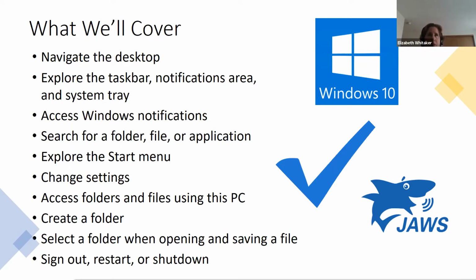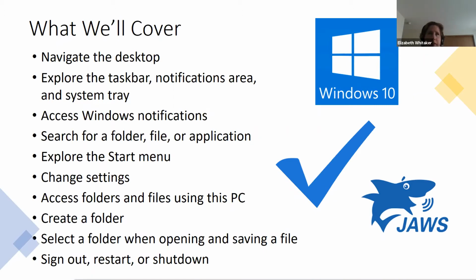I just want to talk a little bit about keyboard commands first, but before I do that, let's talk about what we're going to cover today. I'm going to start out by telling you a little bit about how to navigate the Windows desktop, how to explore the task view, the taskbar, and the notifications area or system tray. We're going to talk about accessing Windows notifications just a little bit here, searching for folders, files, or applications.